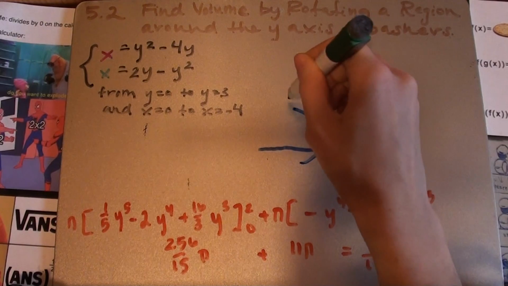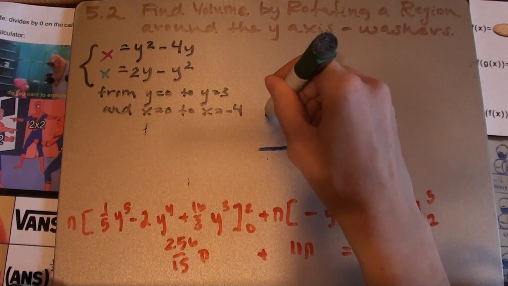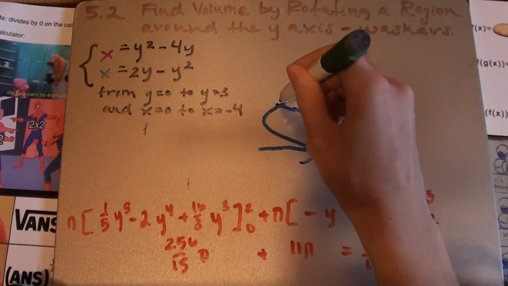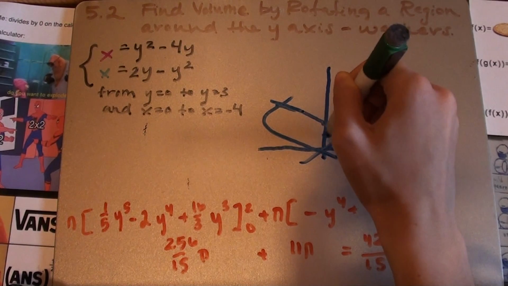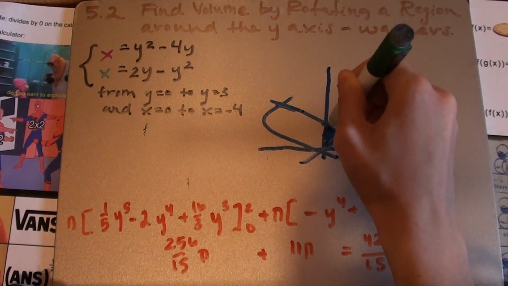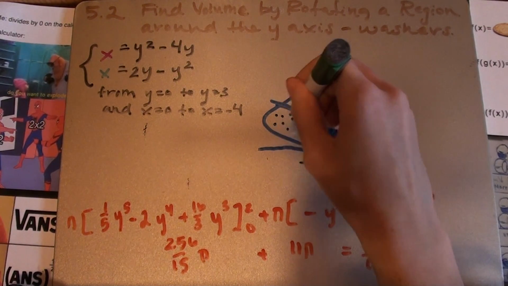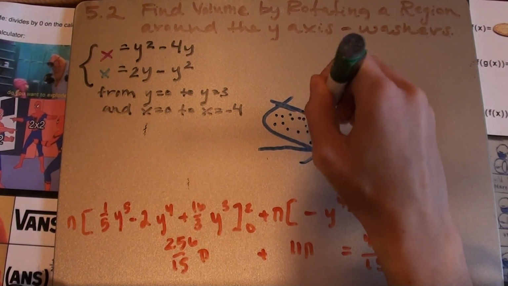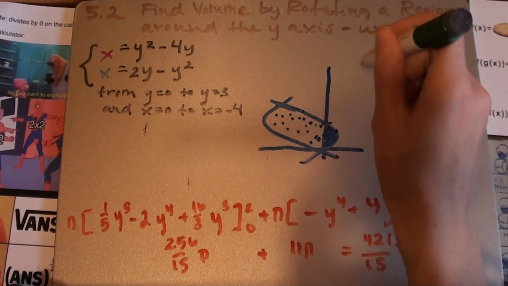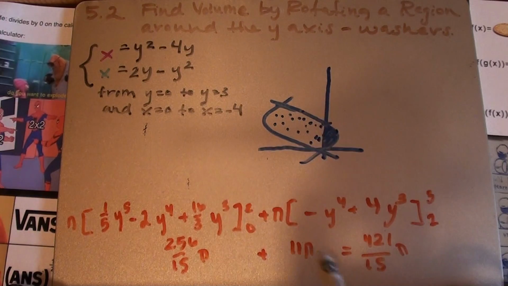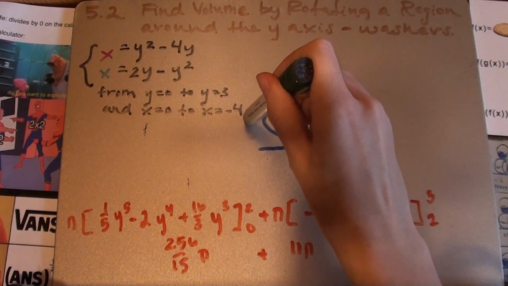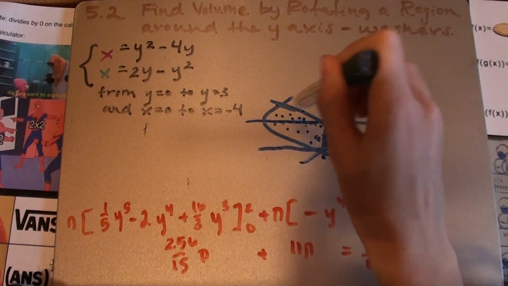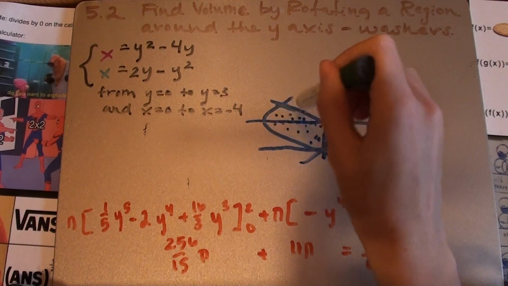Right, we had this going on, and then we had this going on. So when we rotate, we're not rotating this region, right? When we rotate just this area right here around our y-axis, we see that we get our beautiful volume of this when we split up our functions and use the disk method for the bottom and the washer method on top.